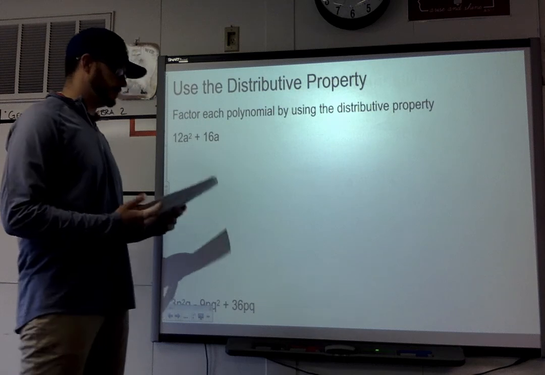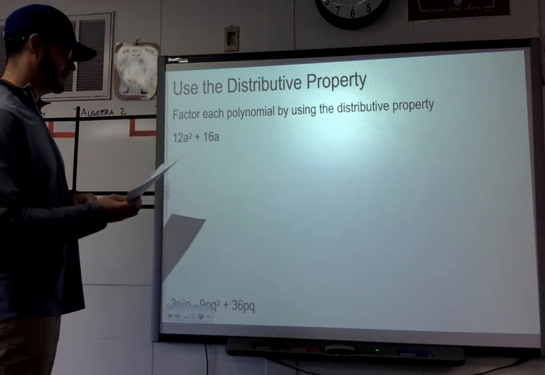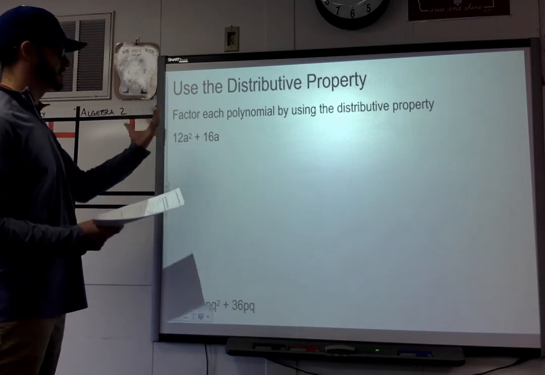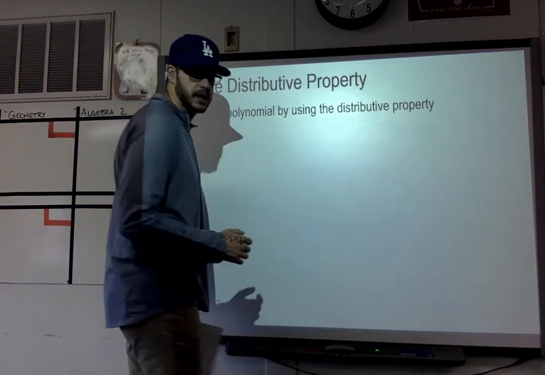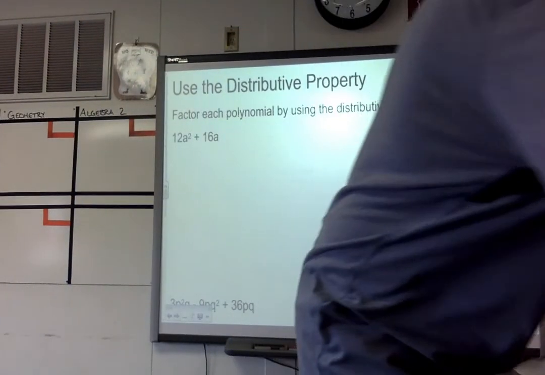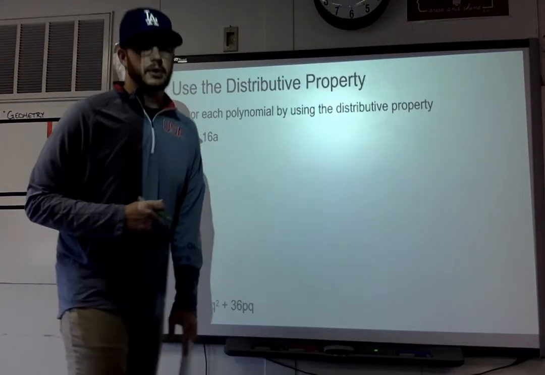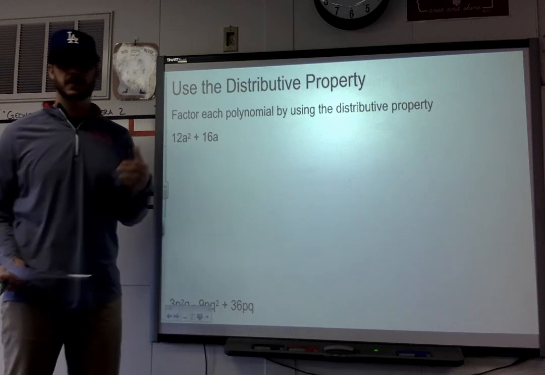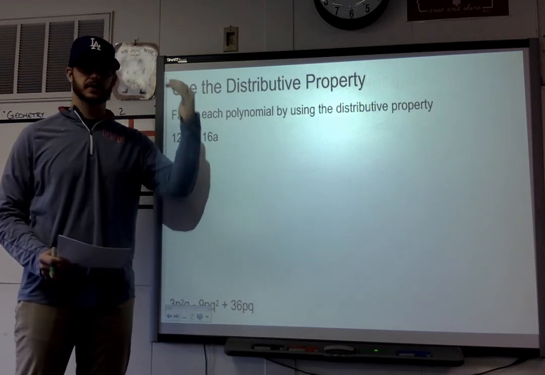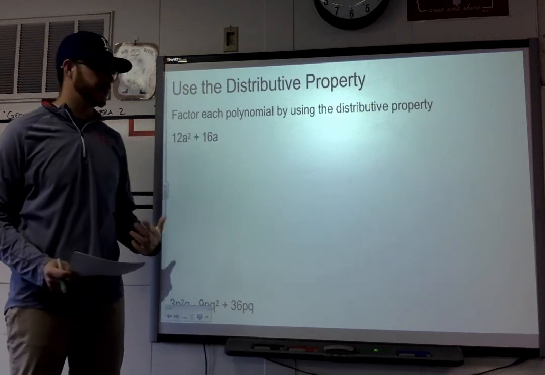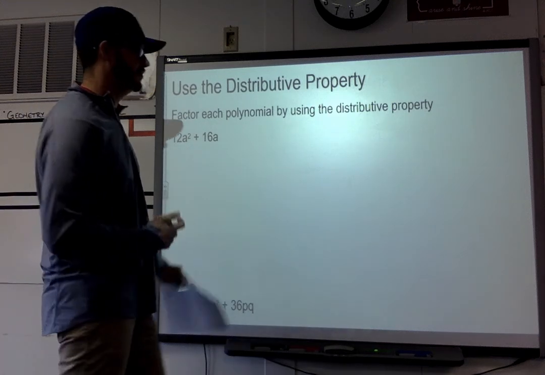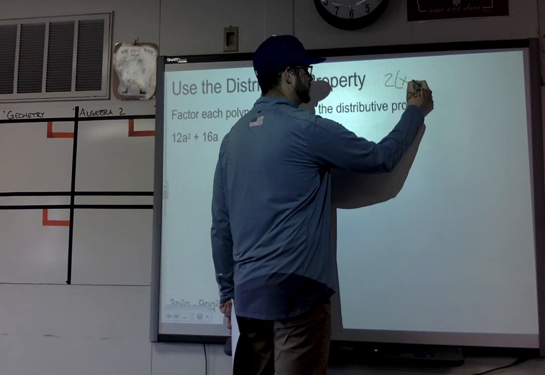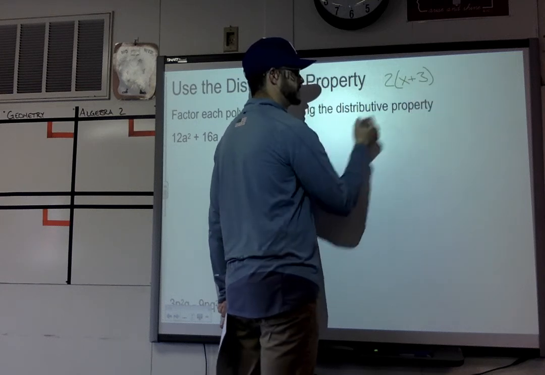First off, we're going to be using the distributive property to factor each polynomial. It says using the distributive property, but we're really going to be doing the distributive property backwards. In the past, when we've used the distributive property, it's something like 2 times (x plus 3).